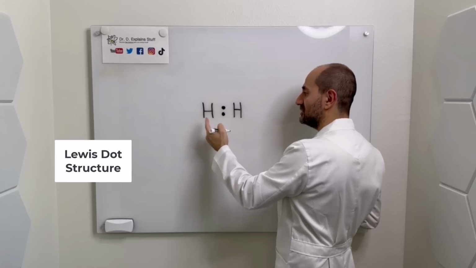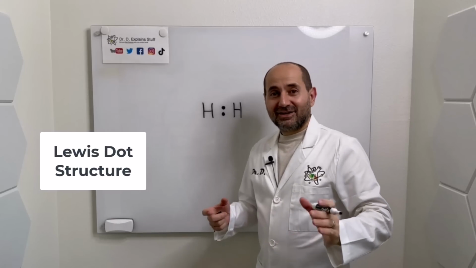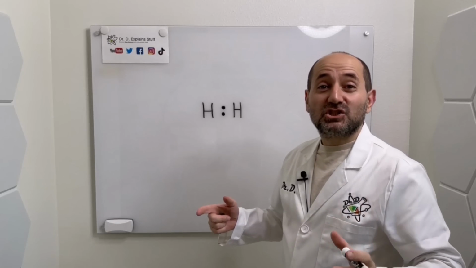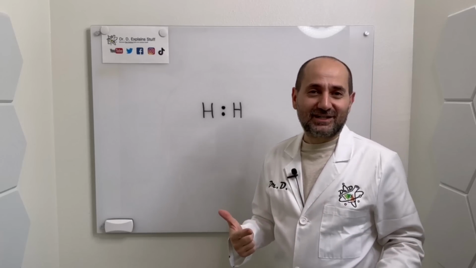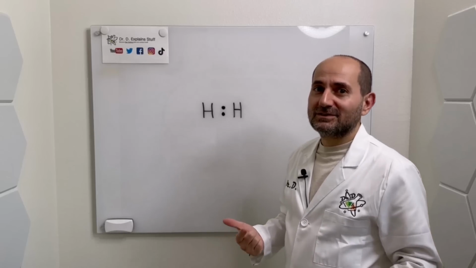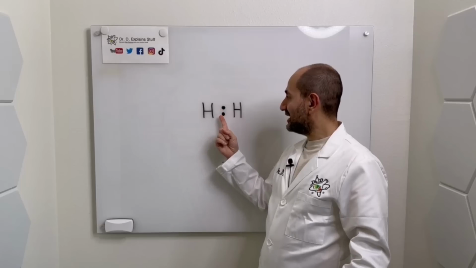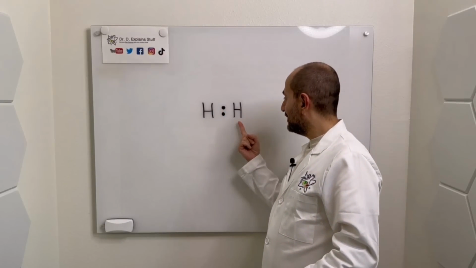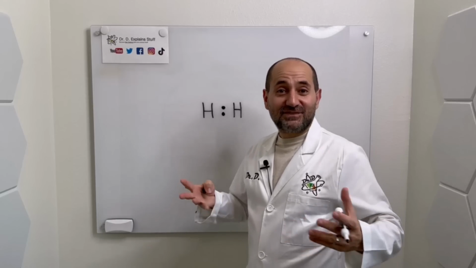This is known as Lewis dot structure format of writing, by the way. Then guess what? By sharing with one another, they each feel like they have access to two electrons. They feel like they've filled their outermost shell, right? So look, this hydrogen thinks it has two electrons. This hydrogen thinks it has two electrons. They filled their outermost shell.